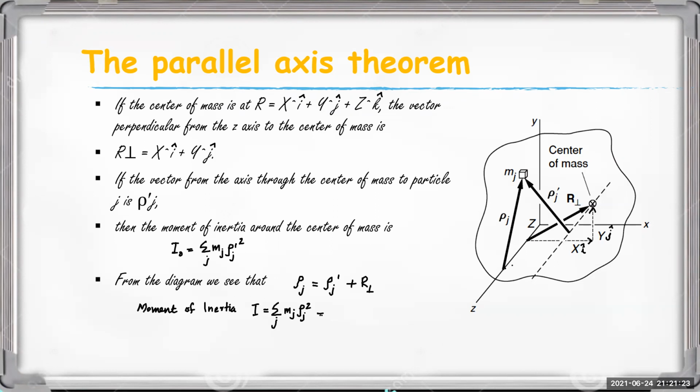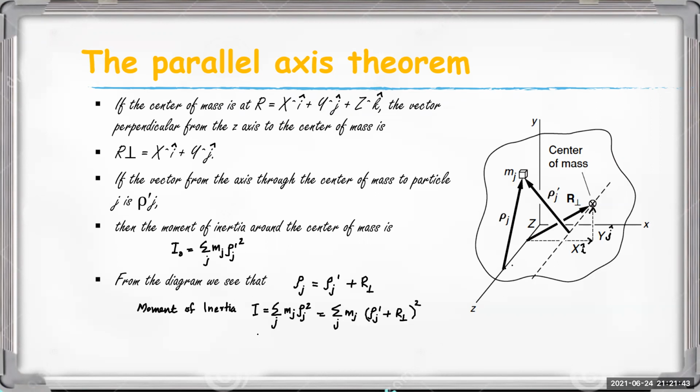So here we substitute the value of rho j from this. What is rho j? Rho j is equal to (rho j dash plus r perpendicular) whole square.